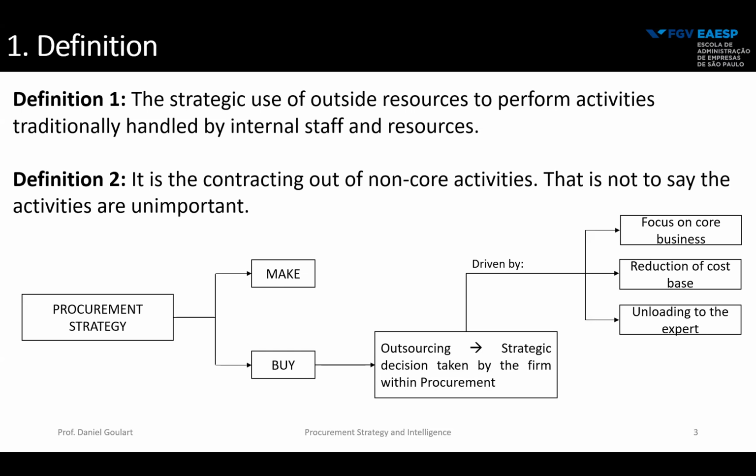Another typical example, which probably group number 3 will discuss in the Apple case: Apple outsourced all the product assembly to Foxconn. Apple doesn't have an asset or a team, an infrastructure responsible for manufacturing.